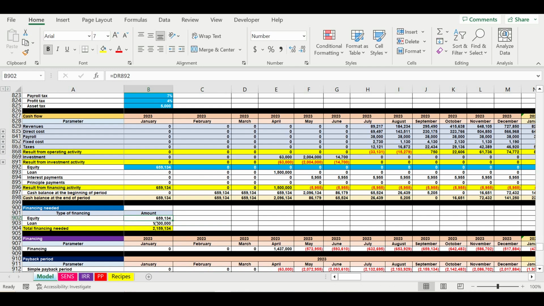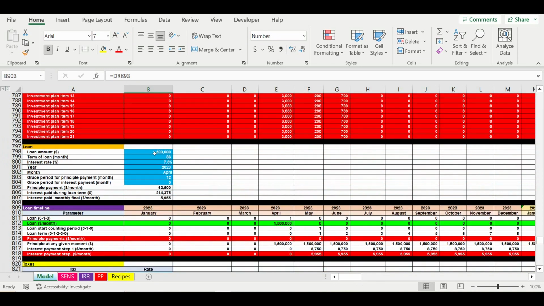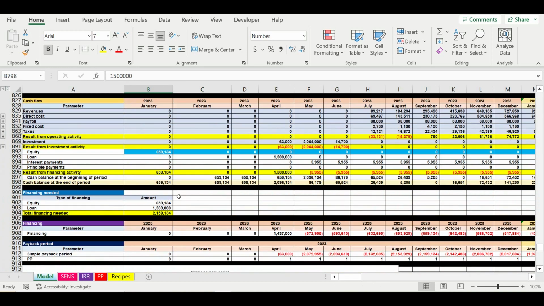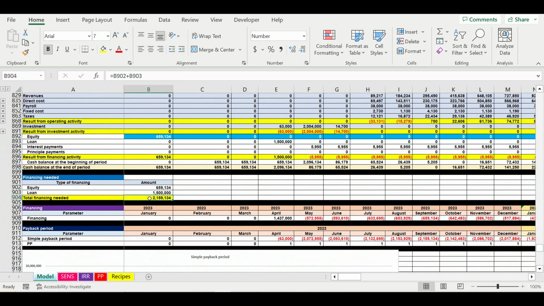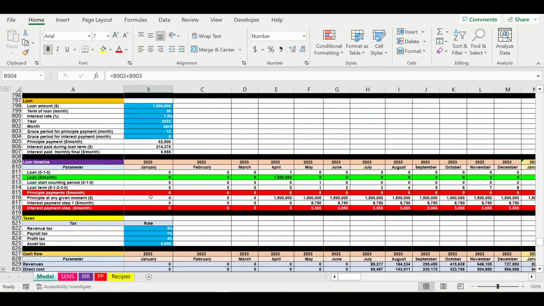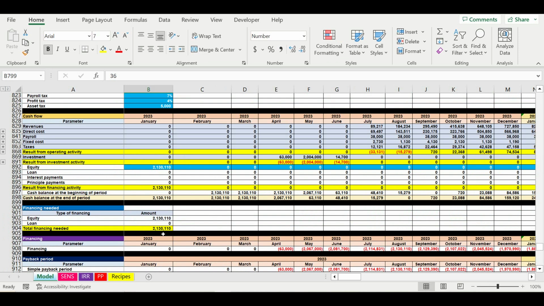So if we take the loan, we will need totally this amount of financing, but if we won't be taking a loan, the total amount of financing will be this, because we won't be having principal payments, interest payments, and so on. So the amount will be less.